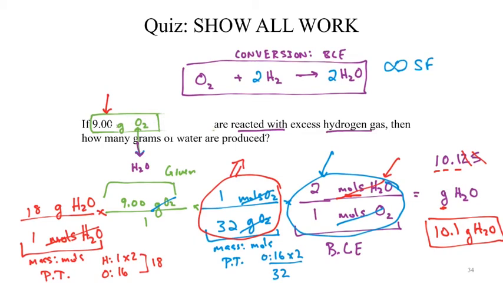Okay, because those are things that you're looking up to calculate. What you should go through and do is ensure that the number of sig figs in those conversions is larger than the number of given sig figs. Okay? In this case, I didn't really do that. I did some rounding, but that rounding actually doesn't have an effect here because of where the molar mass of oxygen and hydrogen are. Okay?